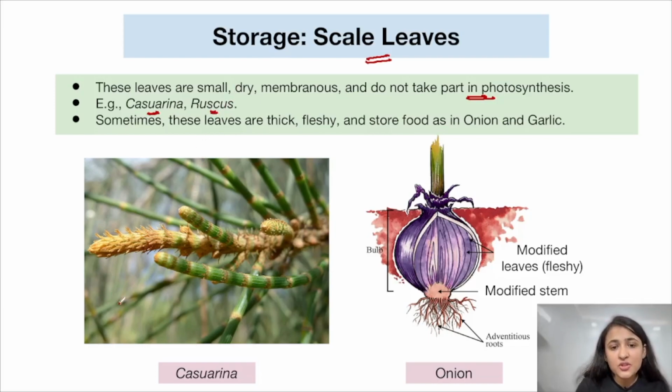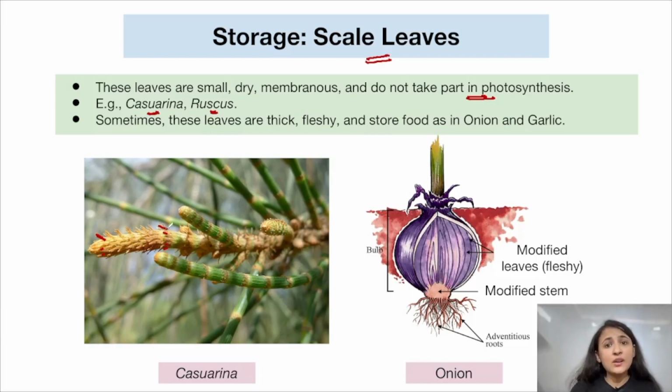So this image is of the casuarina plant. Okay, so these structures which you see here, these kinds of scales, these are the scale leaves. These are actually leaves of the plant. Look how much they have changed in their appearance. From green structures, they are looking like these yellow, scaly structures.